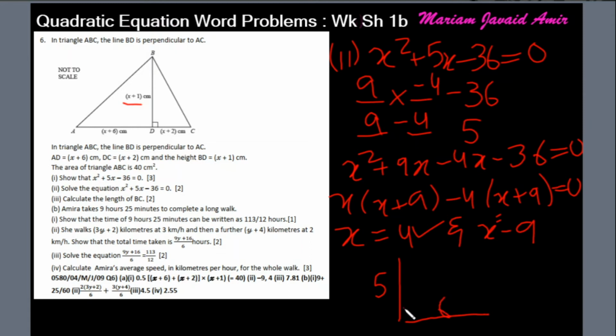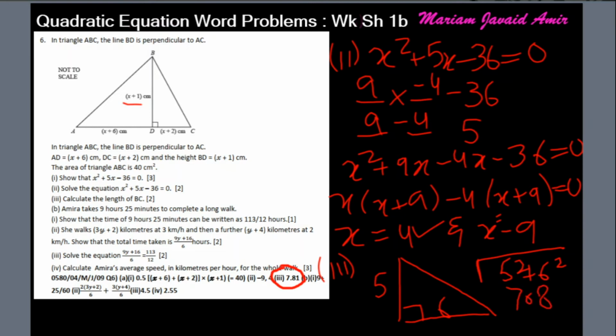Then there's a right angle here and we need this length. So simply apply Pythagoras' theorem and we get the square root of 5 square plus 6 square, which gives us 7.81, which is the answer for part 3.